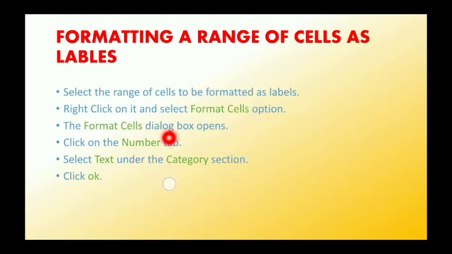Why? Because we do not perform the common arithmetic operations on these numbers. For example, we don't want to add 2 mobile numbers. We don't want to multiply 2 roll numbers in any case.